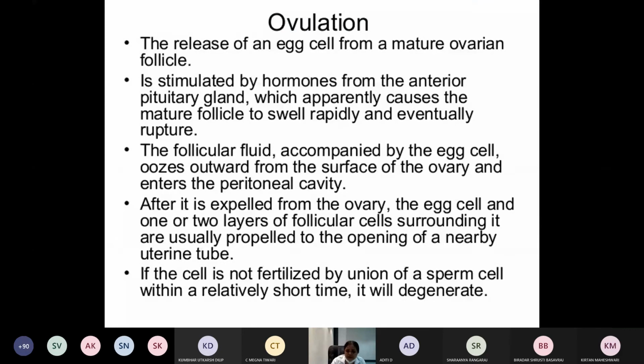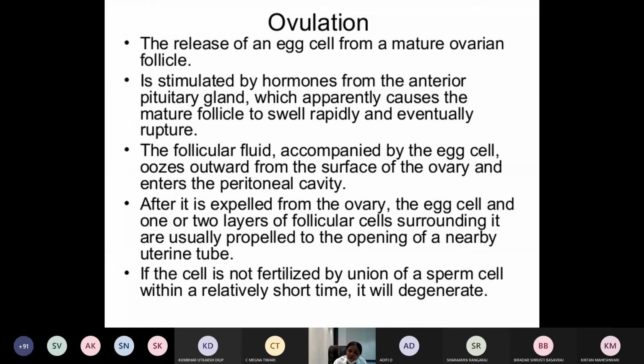About ovulation, some points. It is the release of an egg cell from a mature ovarian follicle. It is stimulated by hormones from the anterior pituitary gland, which apparently causes the mature follicle to swell rapidly and eventually rupture.